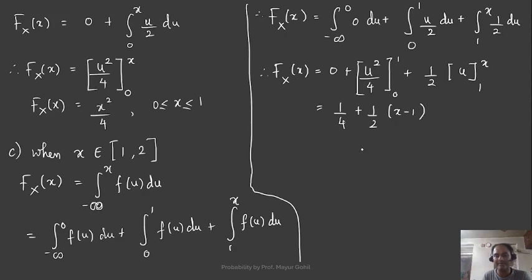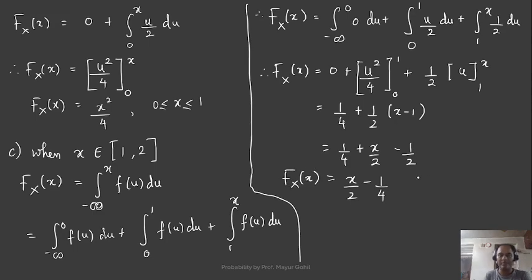We can simplify this and it becomes 1 by 4 plus x by 2 minus half. So here it will be x by 2, and this is 1/4, minus 1 by 4.